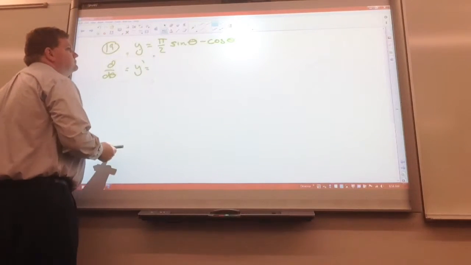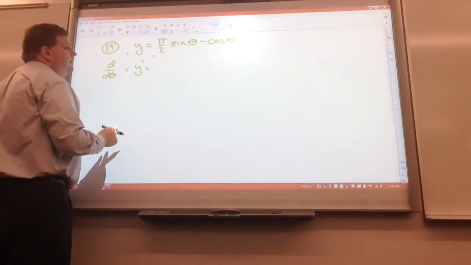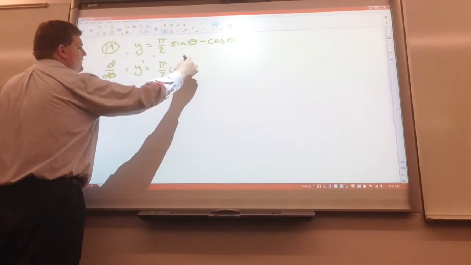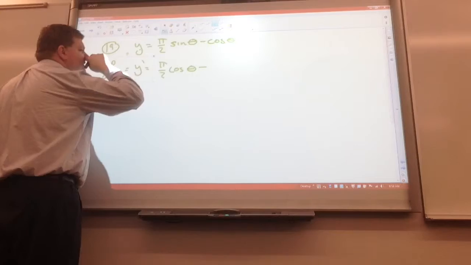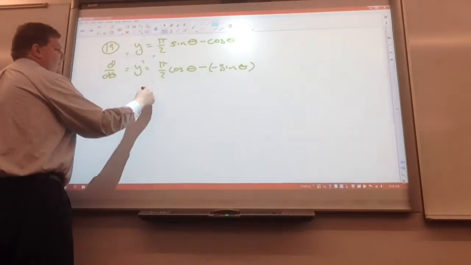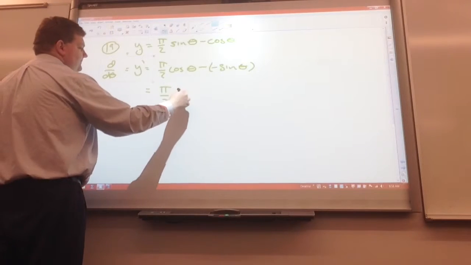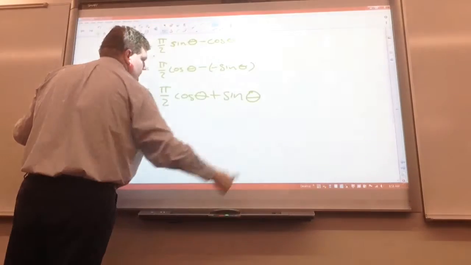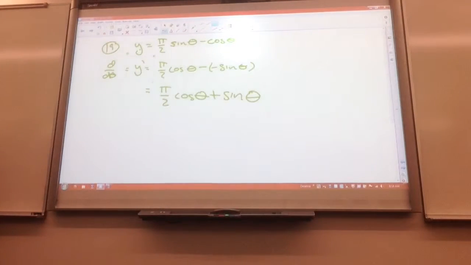It's pi halves times cosine of theta minus sine of theta. So all cleaned up. You don't have to write the d theta in this case, because the derivative of theta by itself is 1.